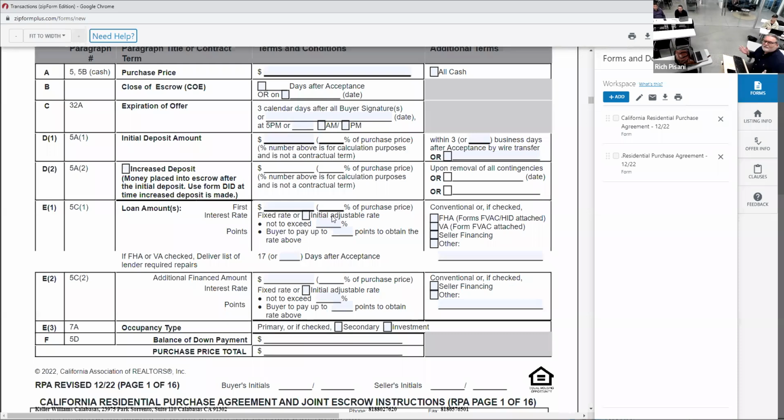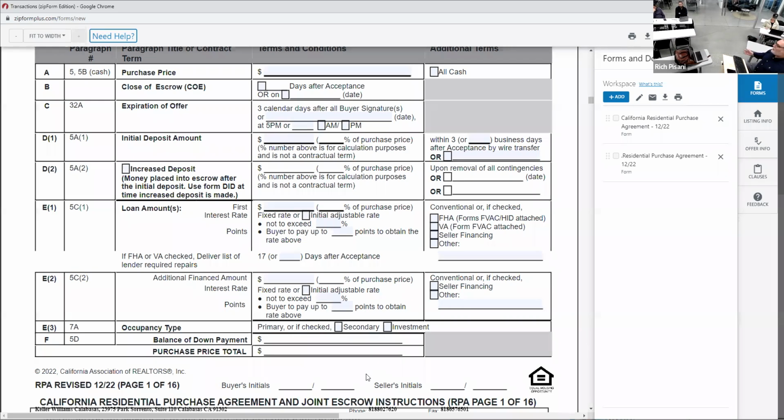The next, additional financing, if there's a second. We don't see seconds that often. I mean, we used to always see a first and a second. So anyways, occupancy type: primary, if it defaults to primary, then secondary, and then investment.